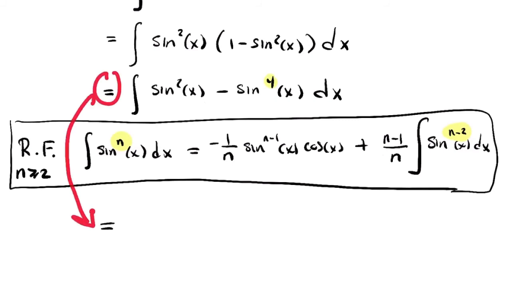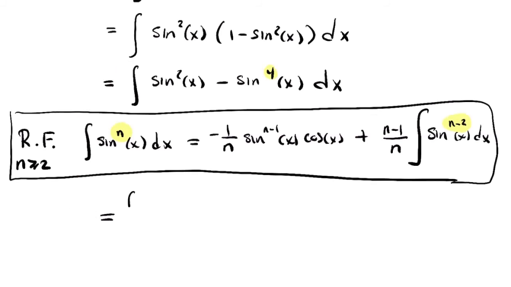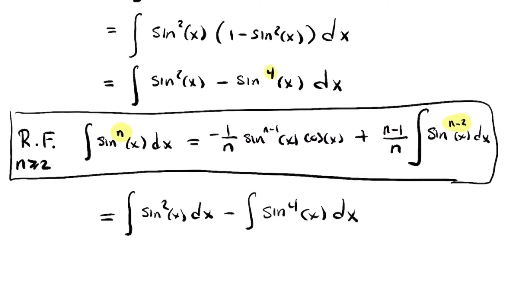I'm continuing from above. Okay, so I'm going to split that into 2 integrals. It's the integral of sine squared of x dx minus the integral of sine to the fourth dx. And then let me use some color just so you see where I'm looking. I'm going to replace the integral of sine to the fourth dx with the right-hand side of that reduction formula up there, taking n to be 4.